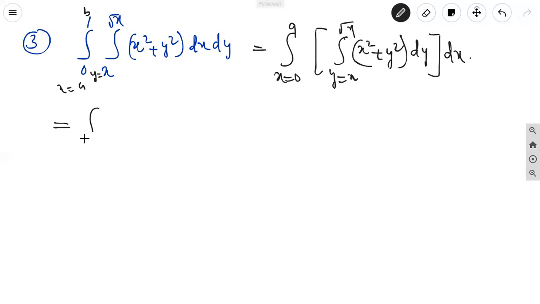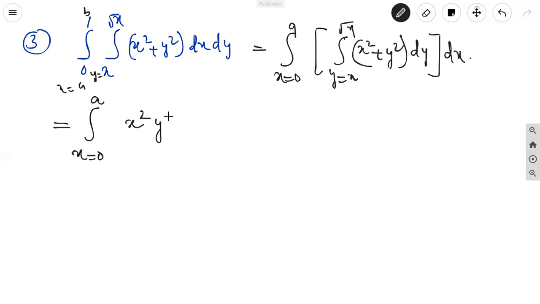X square is a variable, but x square into dy is x square y. Why? Because in this integration, x square is treated as a constant. We are integrating with respect to y.